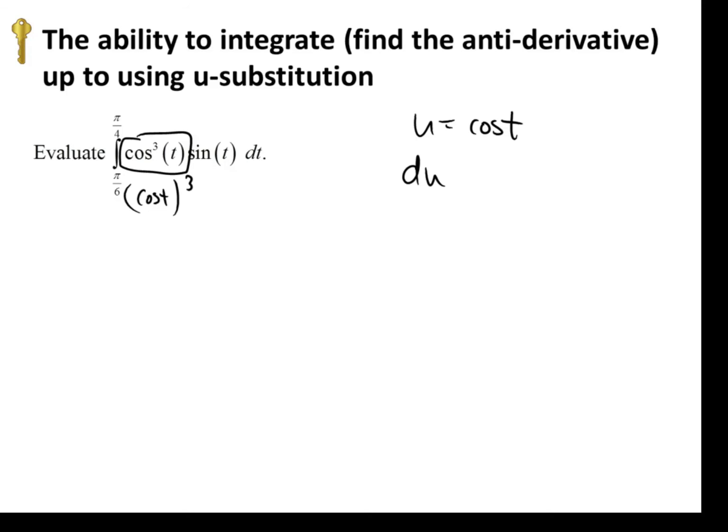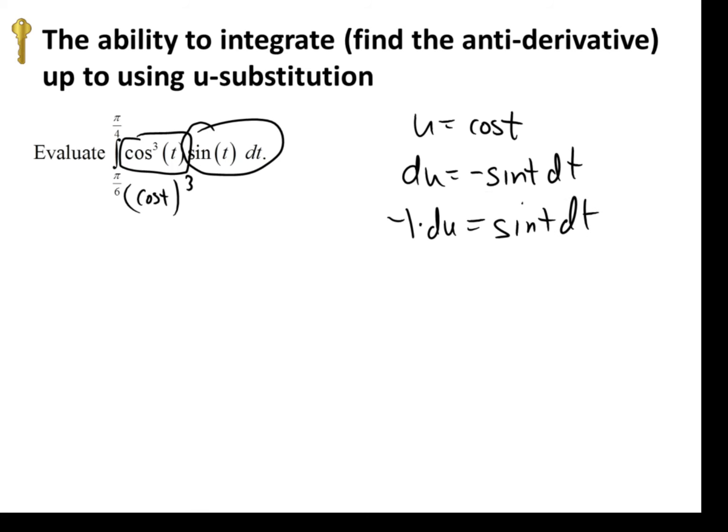So the derivative of cosine is negative sine of t. What we're looking at for the rest of the substitution is the sine of t dt. So therefore we put a negative 1 times du to replace that sine of t dt. And then our integral just becomes u cubed times negative 1 du.